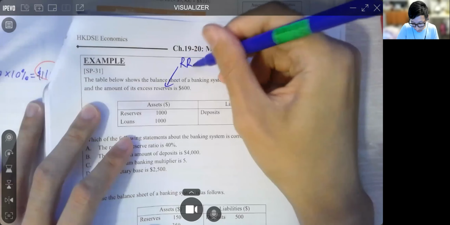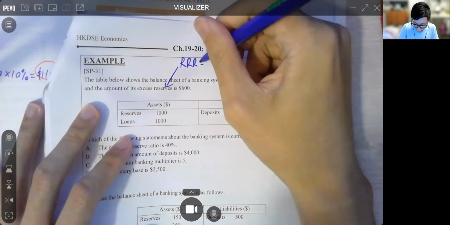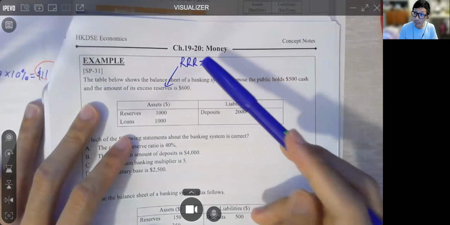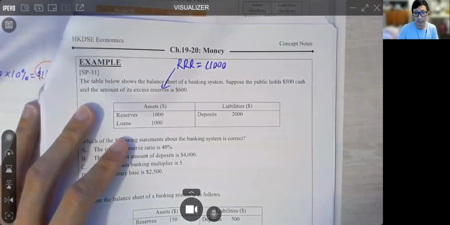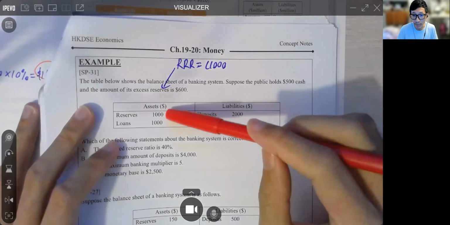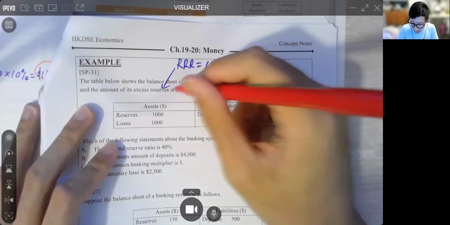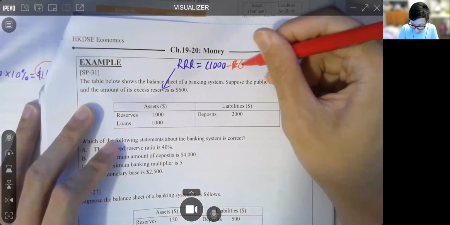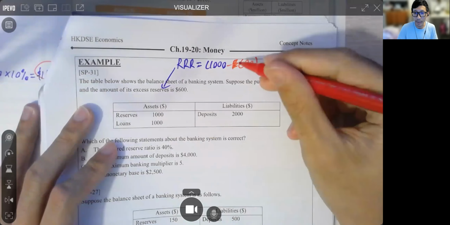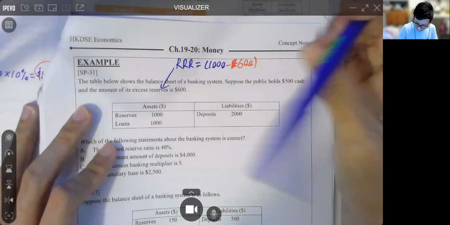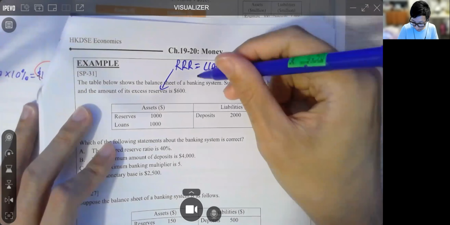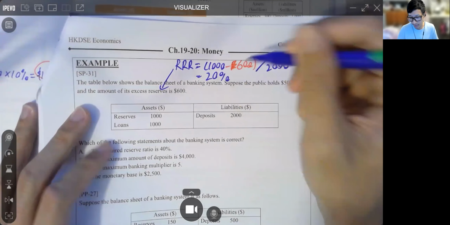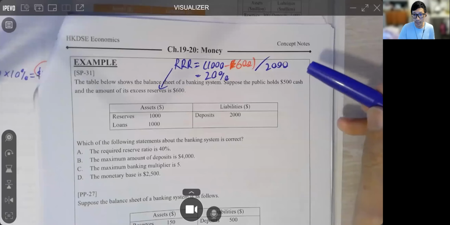Let's calculate the required reserve ratio, which, 記住咯喎, refers to the minimum reserve, which in our case, 1,000 is not the minimum reserve. We need to minus the excess reserve, divided by the deposit, which I think will be 20%. So A is not correct.